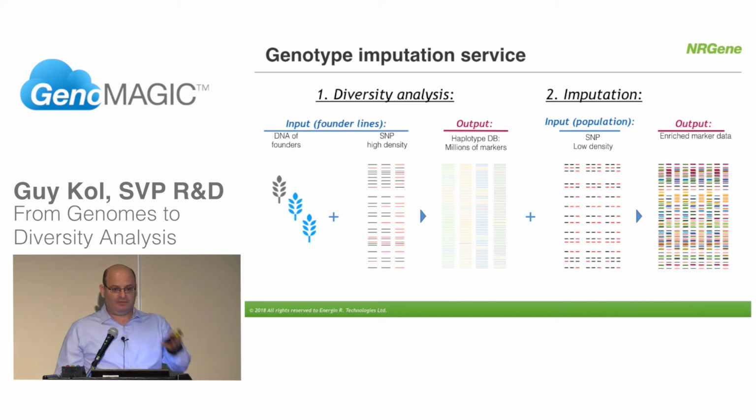So for wheat, for barley, and all the others, potato, it's very soon to come that you will be able to take either your current genotyping or your current sequencing-based genotyping data and move it through the database to get a much higher resolution and a lot better genotyping data at a very cost-effective price.